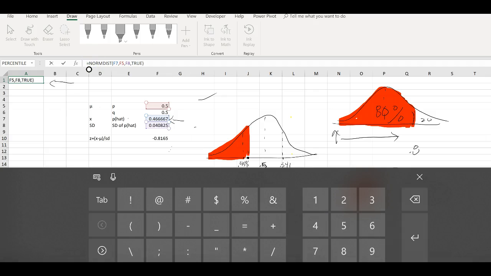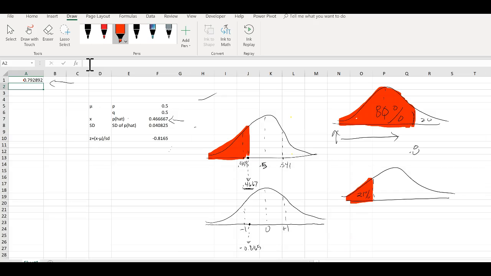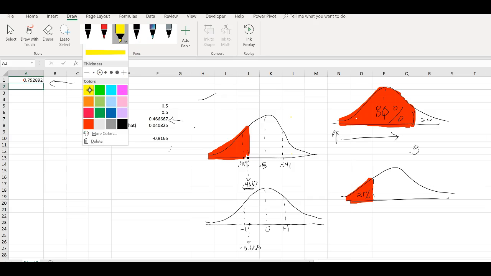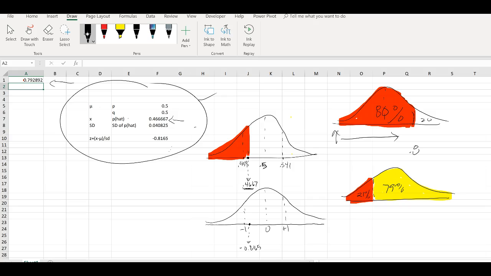If I put 1 minus, enter, that's going to tell you that this area right here, let me give it a different color, roughly 79% of the values are going to be greater than 0.4667. So this is how you interpret at least the information that you've given me here.